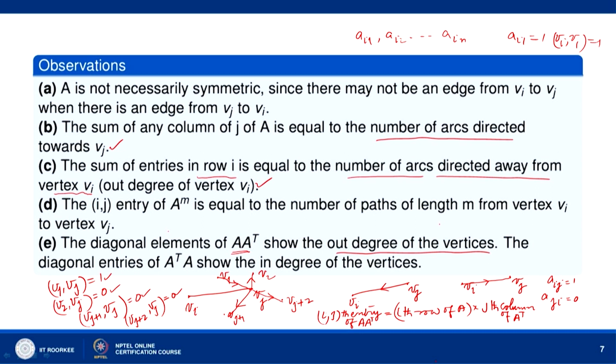So, the ith row of A will give you the diagonal elements of A A transpose.